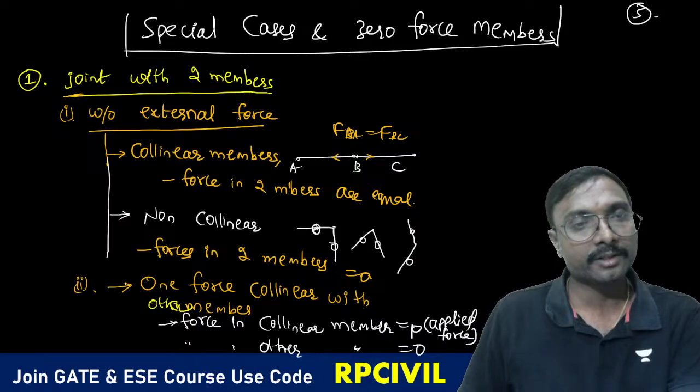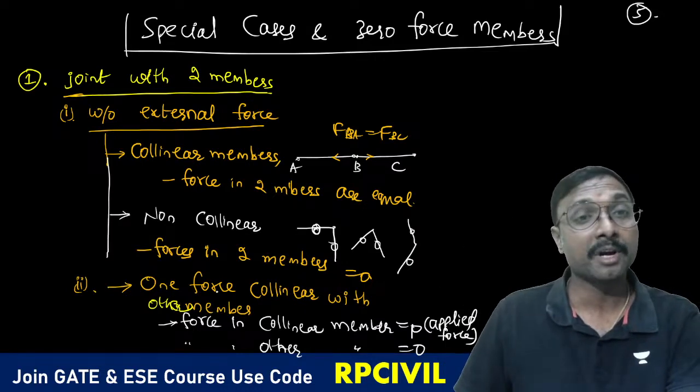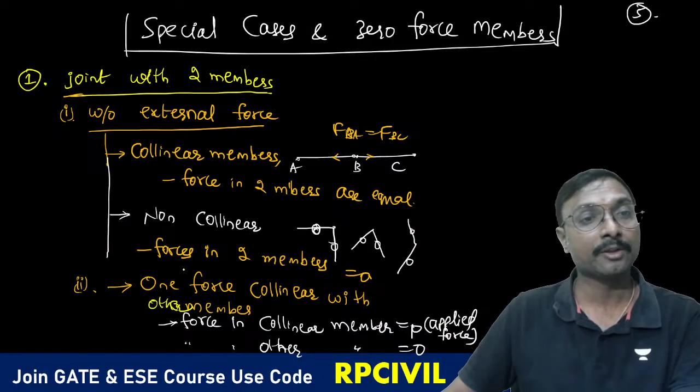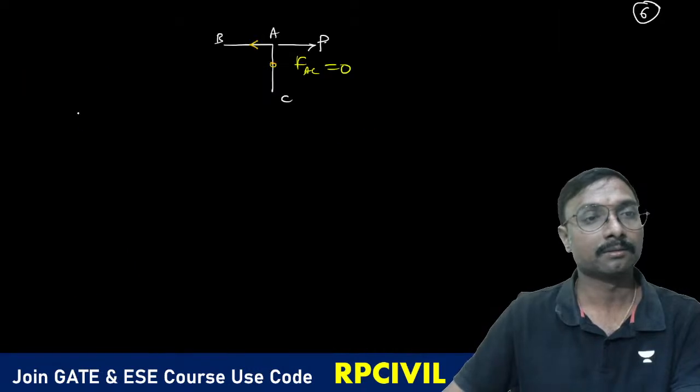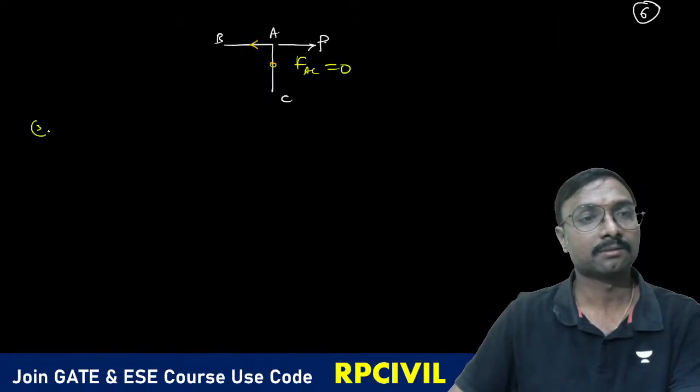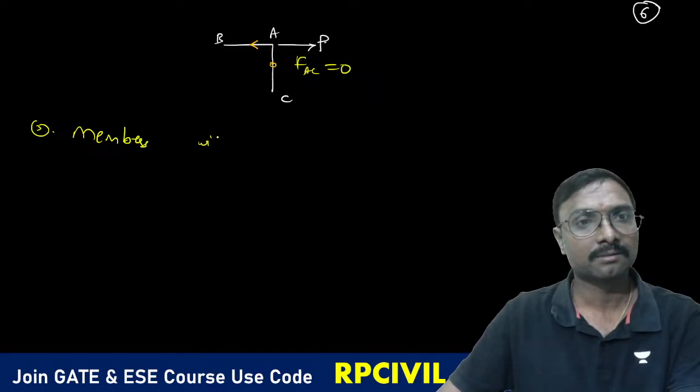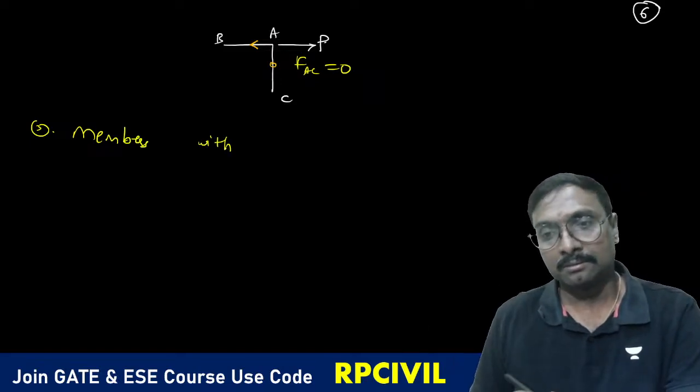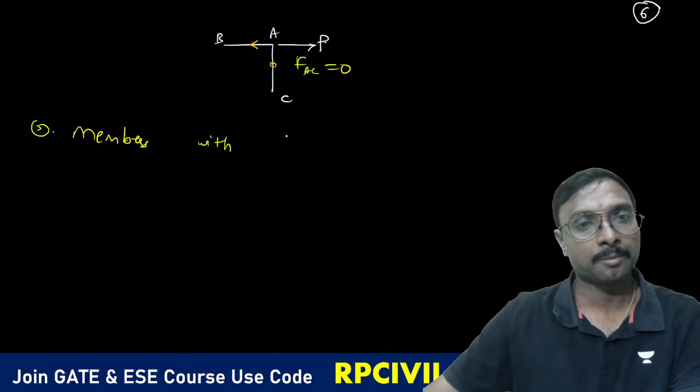Yes, now this is for which one? This is two forces, right? A joint with how many members are you having? A joint with two members you are having. A joint with three members.